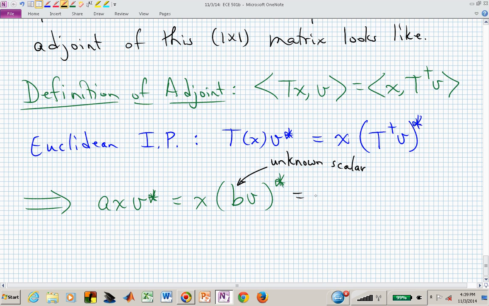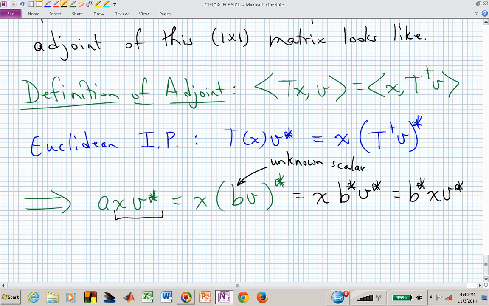But this now says that we have x, B conjugate, V conjugate, but B is a scalar, so we can slide that through. All of these three things are scalars, so it really doesn't matter which order we're doing it in, but we now have B star x V star. And now we can compare that with what we had on the left.